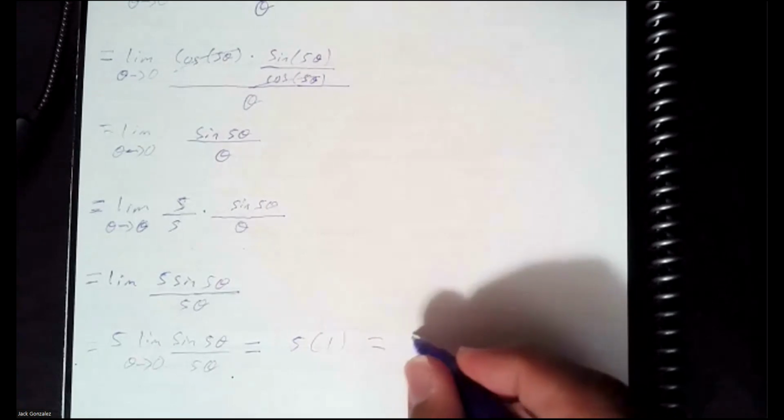Now we have sine of 5 theta over 5 theta, which will be equal to 1, times the 5. Final answer would be 5. That makes sense? Yeah. So this one was kind of like when you did the identities. It's kind of like that.